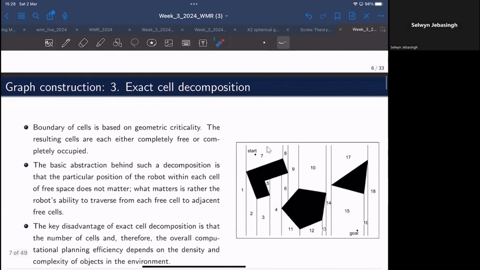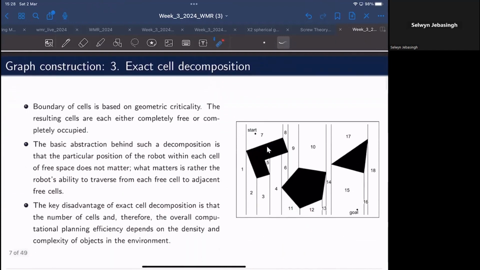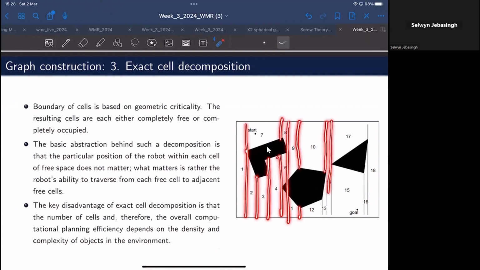And yeah, the third one would be what we call the cell decomposition method. And there are two different kinds of cell decomposition methods. One of them is what we call exact cell decomposition, right? So at these vertices, it basically divides this entire configuration space into multiple cells, and it will also be a function of the vertices of all the obstacles, right?